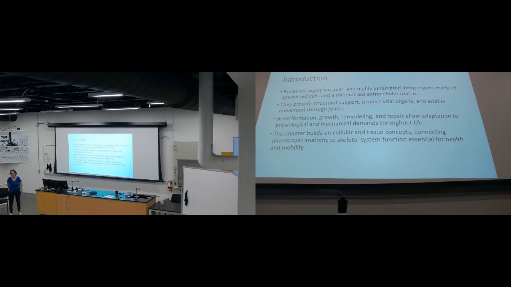Bones also enable movement through joints. For instance, we have two bones in the forearm, and then we have one in the arm. And they connect at the elbow joint, so we can do this movement, right? Flexion, extension, among others.